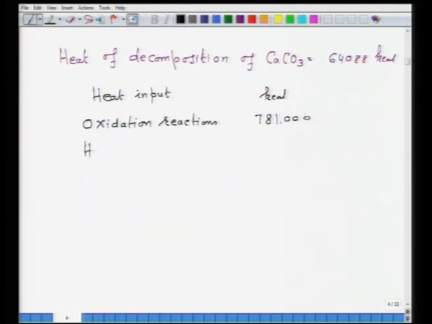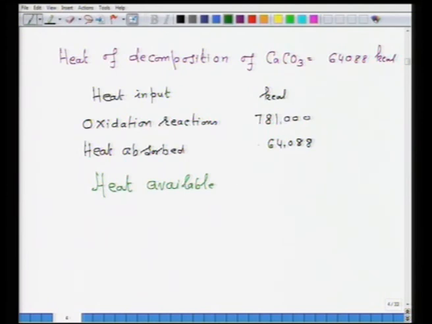Heat absorbed is equal to 64088 kilocalorie. So, therefore, the heat available would be, we have to subtract it.